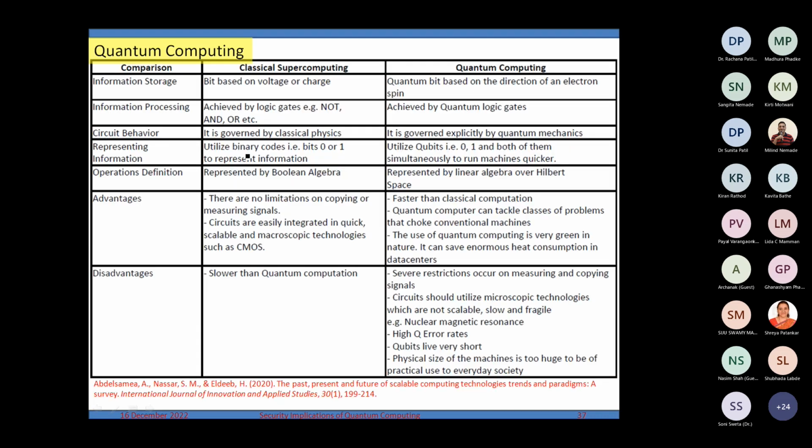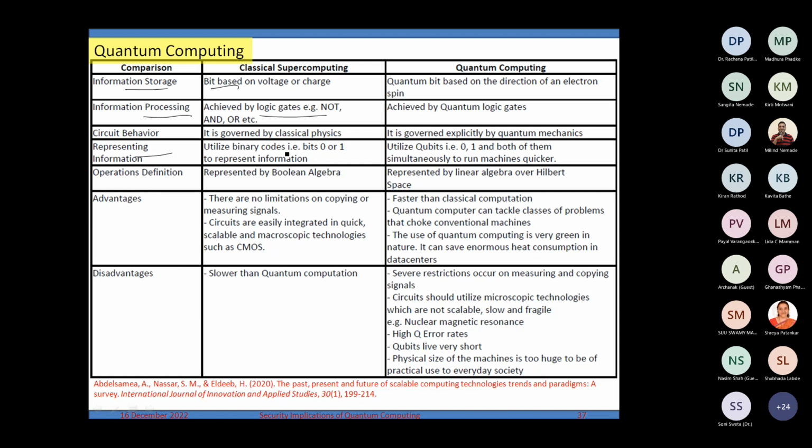So just to give a quick difference between classical and quantum: the way information is stored, processed and represented. Classical computers are based on bits, and information is processed using conventional logic gates such as AND, NOT and OR gates, and they all obey classical Newtonian physics principles.